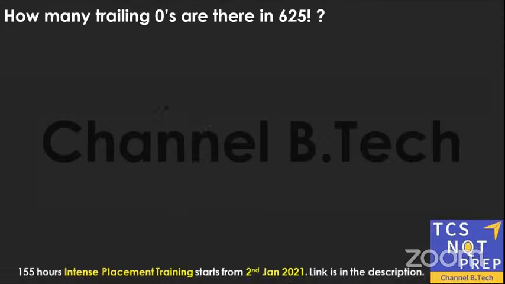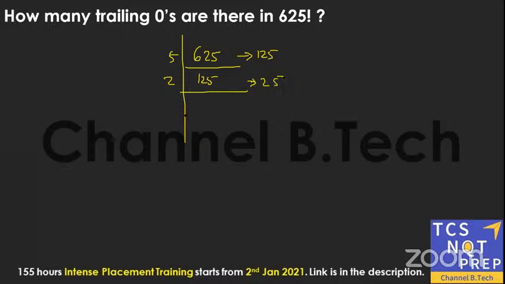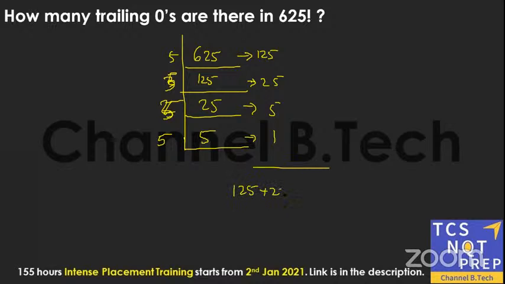So 625, when you divide it by 5, you get 125. 125, when you divide it by 5, you get 25. 25, when you divide it by 5, you get 5. 5, when you divide it by 5, you get 1. So just add these values: 125 plus 25 plus 5 plus 1, which is 156.